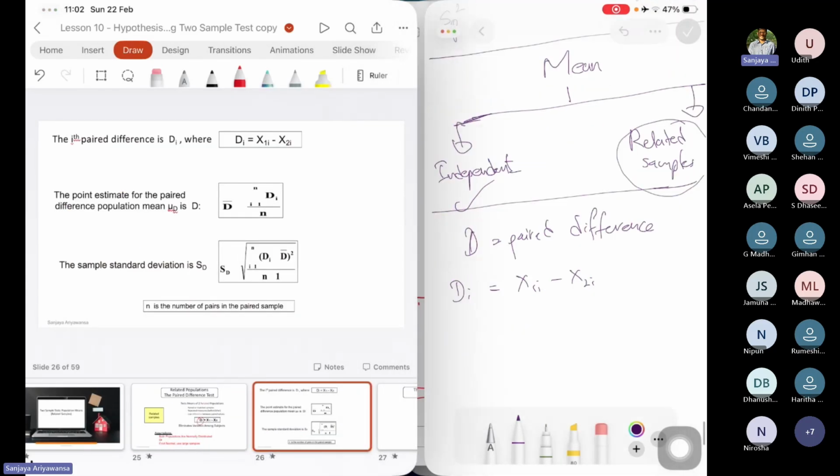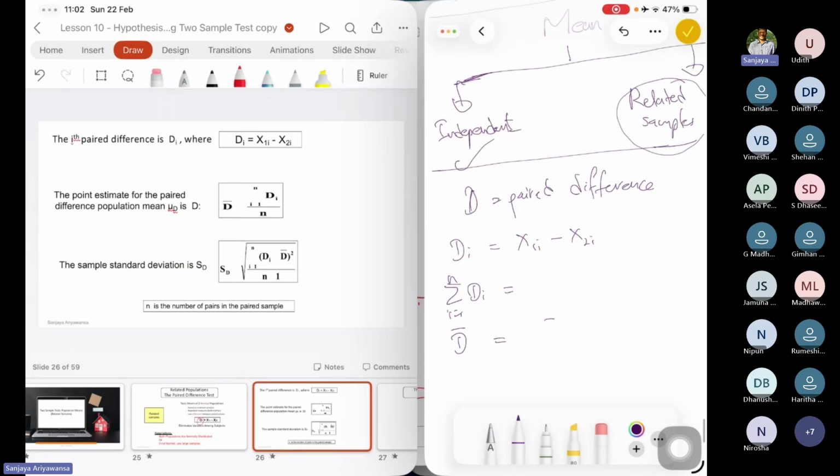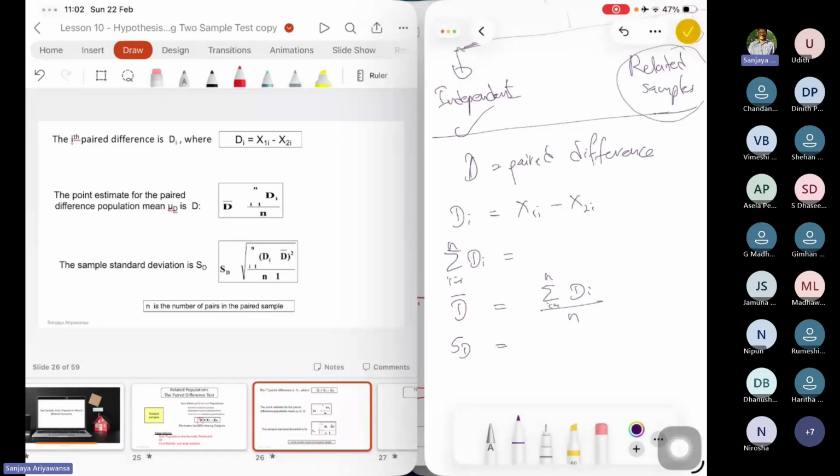Once we calculate all of that, we can add up all these Dis for the full sample, and then we calculate the average of that difference, D bar, which is the sum divided by n, i from 1 to n. And we calculate the standard deviation of that paired difference variable: Di minus D bar, whole thing squared, i going from 1 to n, we add it all up, divided by n minus 1.